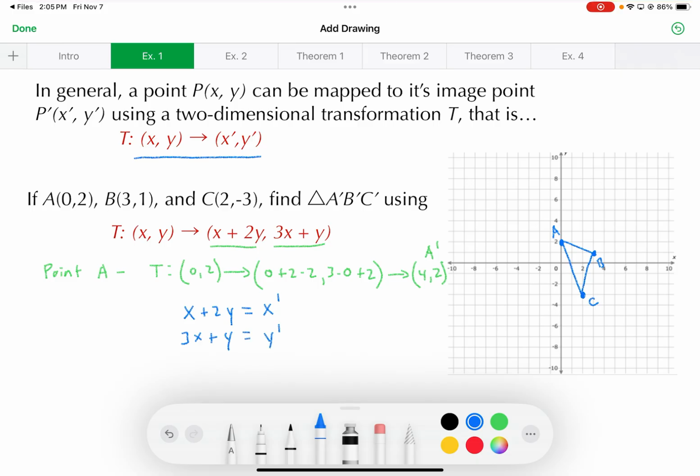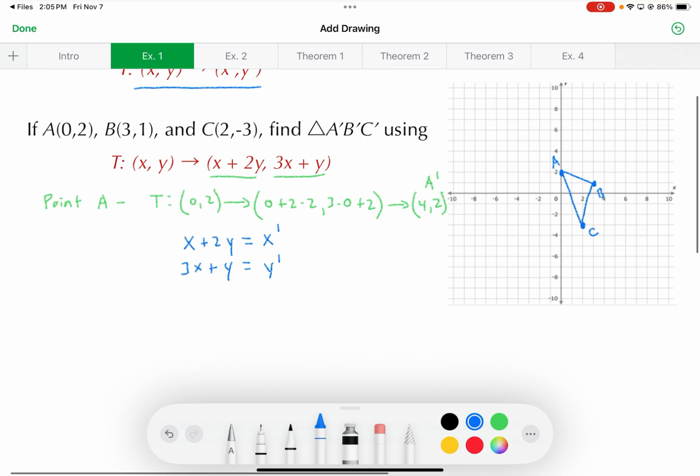Notice how I just created a system. I can take that and rewrite it as a matrix equation. So it would have a coefficient matrix, 1, 2, 3, 1, multiplied by a variable matrix, x, y, equaling another variable matrix, x prime, y prime.